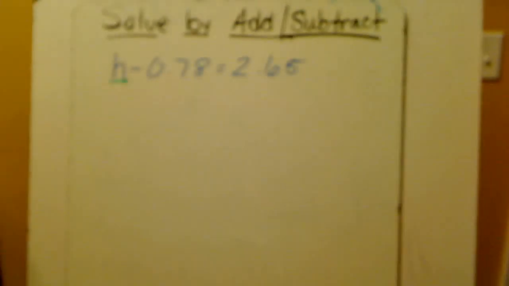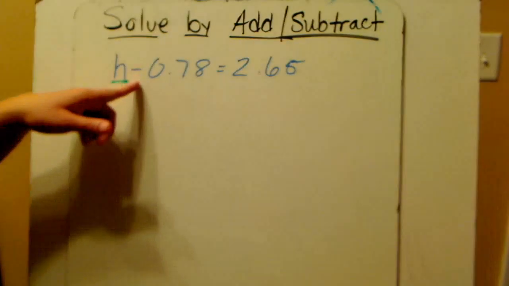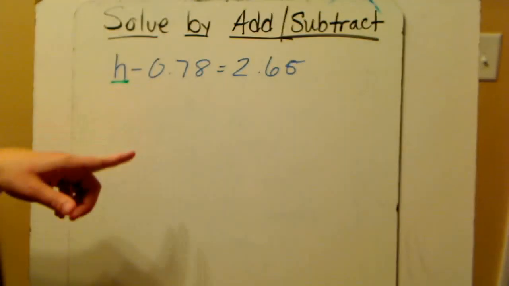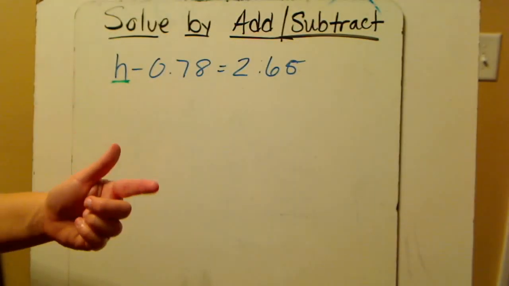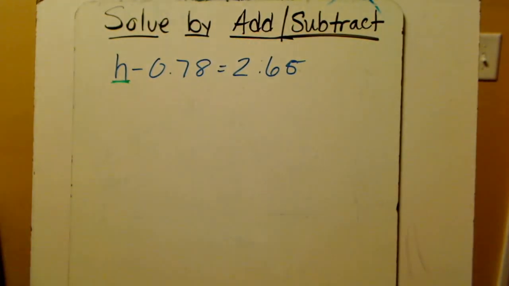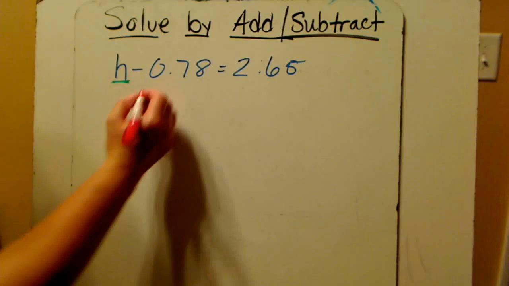So in order to do that, the 0.78 is negative. There's a minus sign in front of it, so that means it's a negative number. To move that over, we do the opposite of the negative, which is to add. So I'm going to add 0.78 to both sides because it always has to stay balanced.